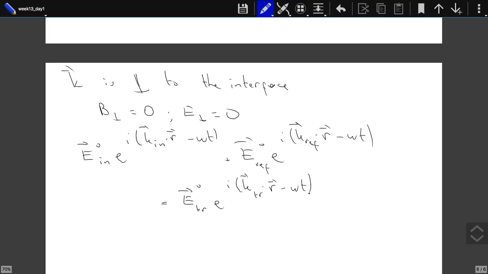Because if omega in each one of these terms were different, then even if I satisfy this equation at some particular time, I cannot satisfy it at a different time. So this equation already tells me that all the omegas should be the same.